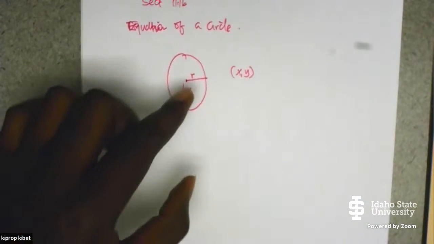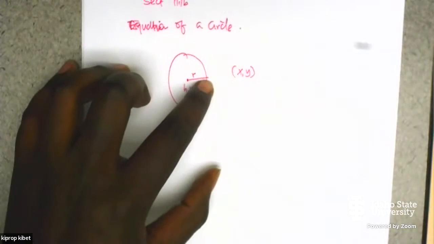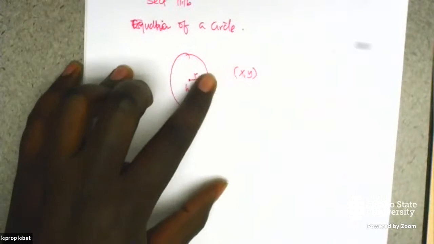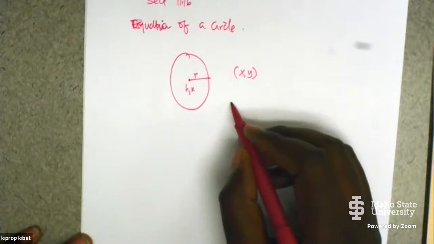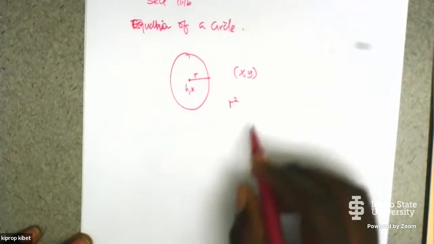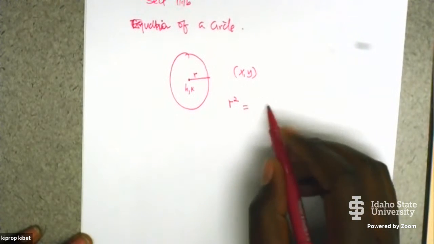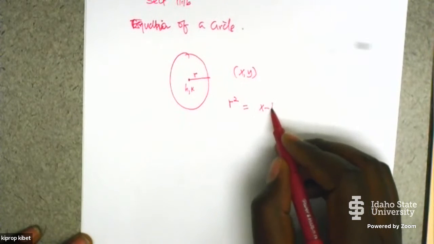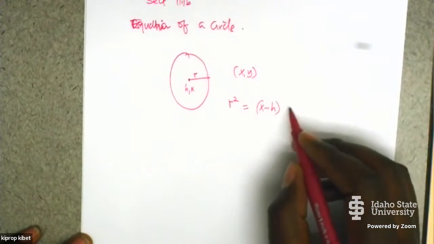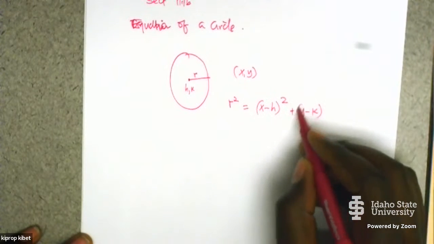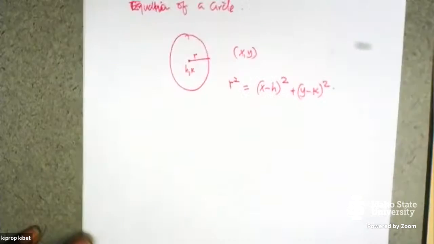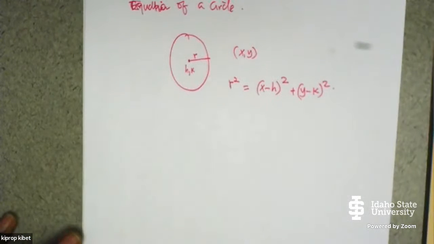Now to get the distance from here up to the point x y, we said what we do is to get the distance r square is the same as x minus h, and then you square, plus y minus k, and then you square.